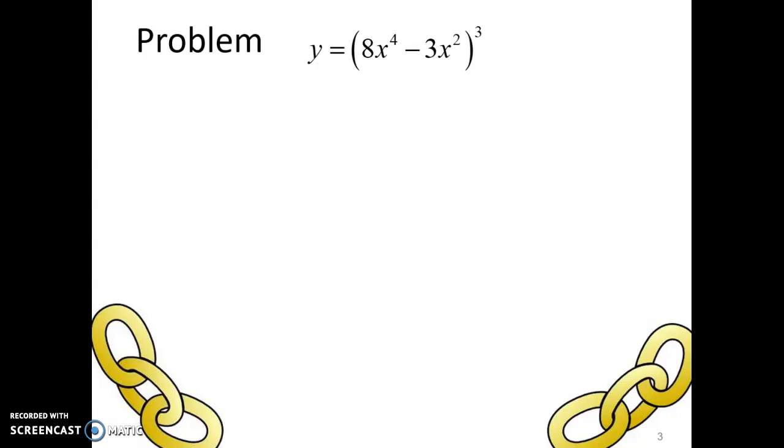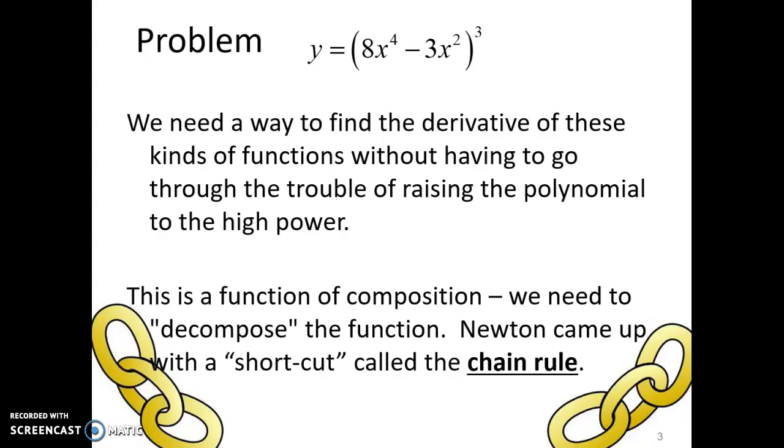Or we could FOIL out that binomial 3 times, which again gives us a really long polynomial function. So we're looking for a shorter way that we could do this. We need to find a way that the derivative of these kinds of functions can be found without having to go through the trouble of raising the polynomial to the higher power.